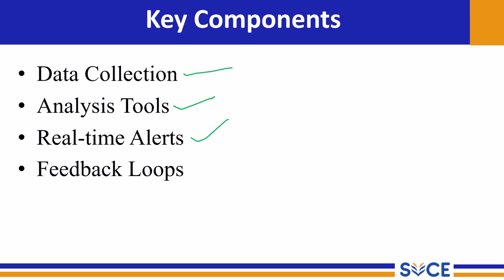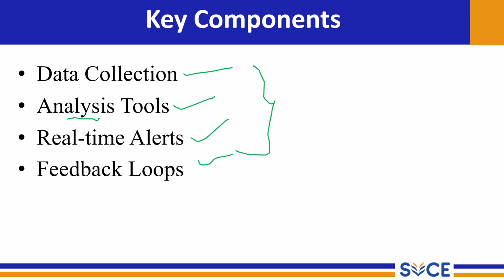First, data collection: it gathers relevant data from various sources, including user activity, system performance metrics, and environmental factors. Analysis tools utilize advanced analytics and machine learning algorithms to interpret data and identify patterns or anomalies.